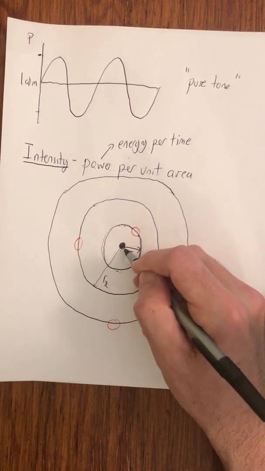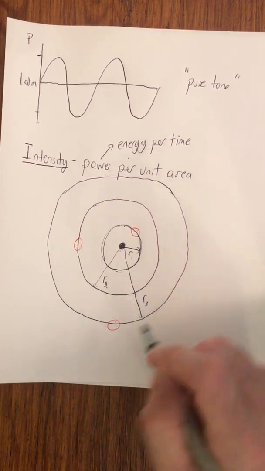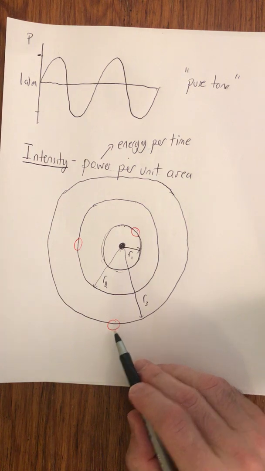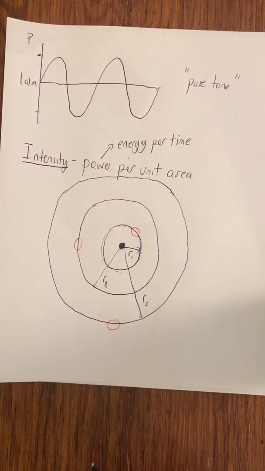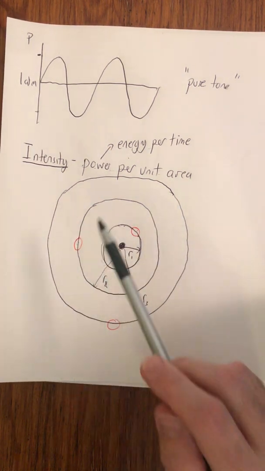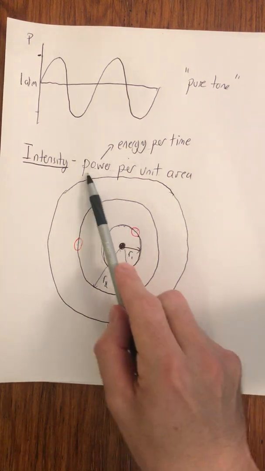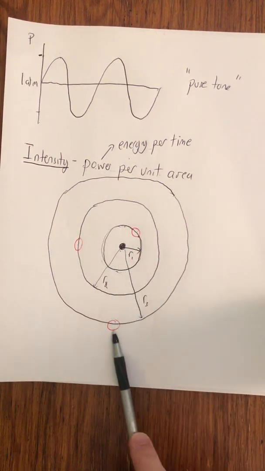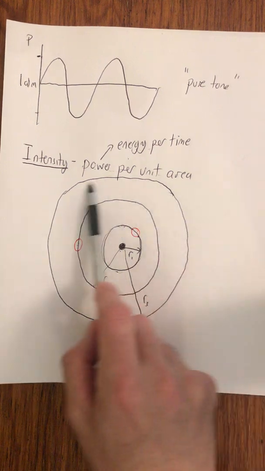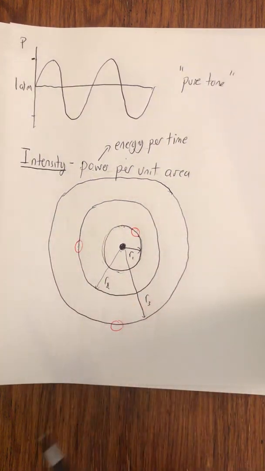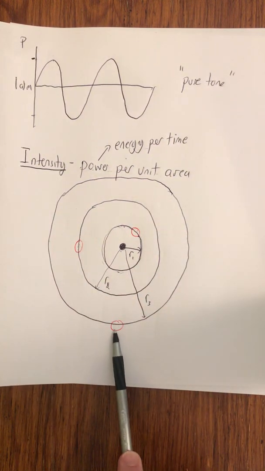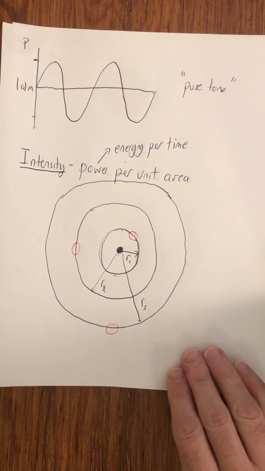And then here, this person is taking up even less of the total area of the overall sphere, right? And so if this is talking about energy or power per unit area, the further out you go, even though the energy of this wavefront is constant, as an observer, I'm experiencing less of it.